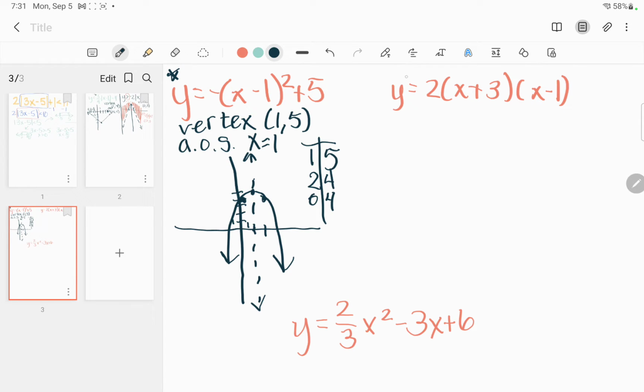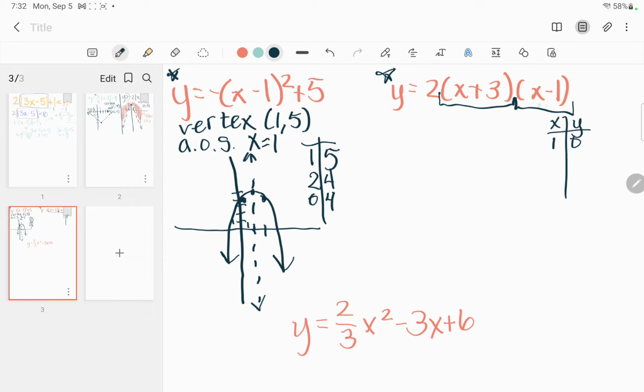Now, my next form is going to be this one here. This is the intercept form. It's a little bit harder to find the vertex, but I do have my intercepts right here. So that's going to be very helpful to me because I have my x-intercepts for this, so I can go ahead and determine right away that I have 2 points on this parabola, and those points are going to be 1, 0.